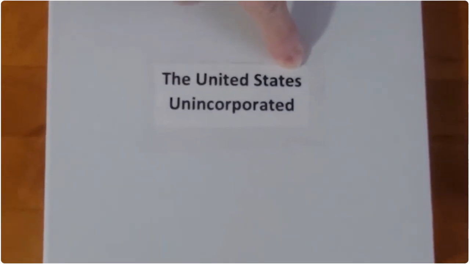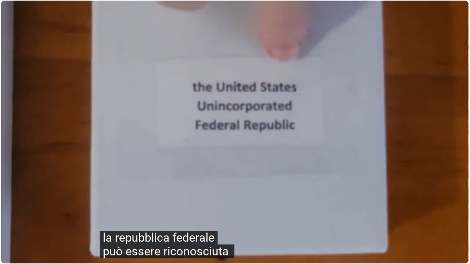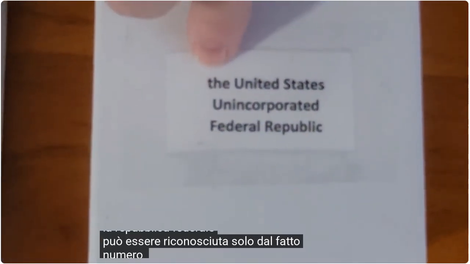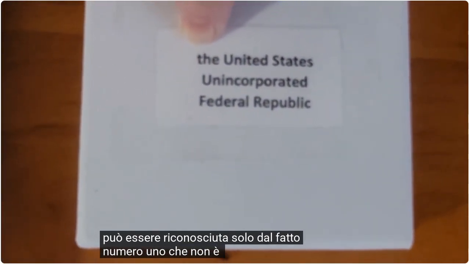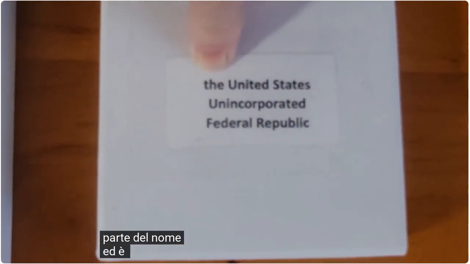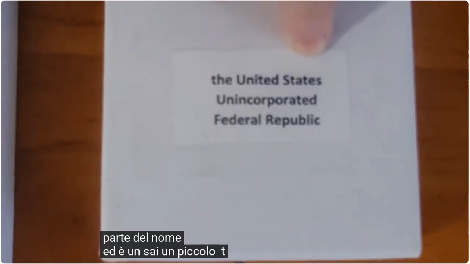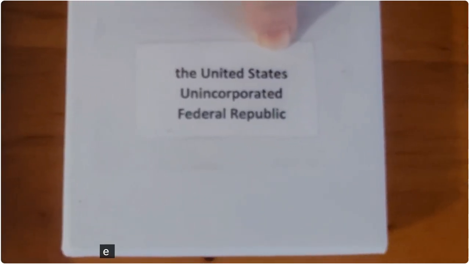The Federal Republic can only be recognized by the fact, number one, that "the" is not included as part of the name, and it's a small t, and the context.